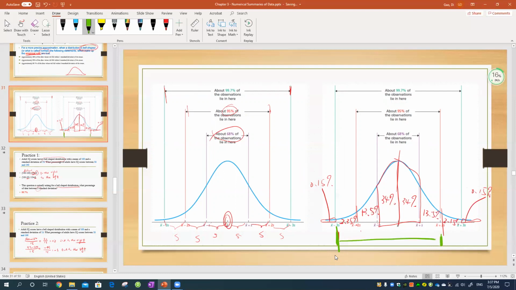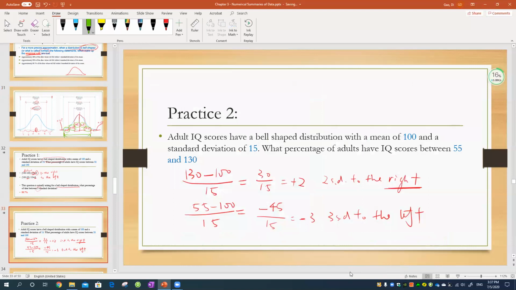So this whole area: we have 2.35%, 13.5, 34, 34, and then 13.5. So we're just going to add everything together. These 4 add up to 95%, and then plus 2.35%. So 95% plus 2.35% is 97.35%. So this is the percentage.